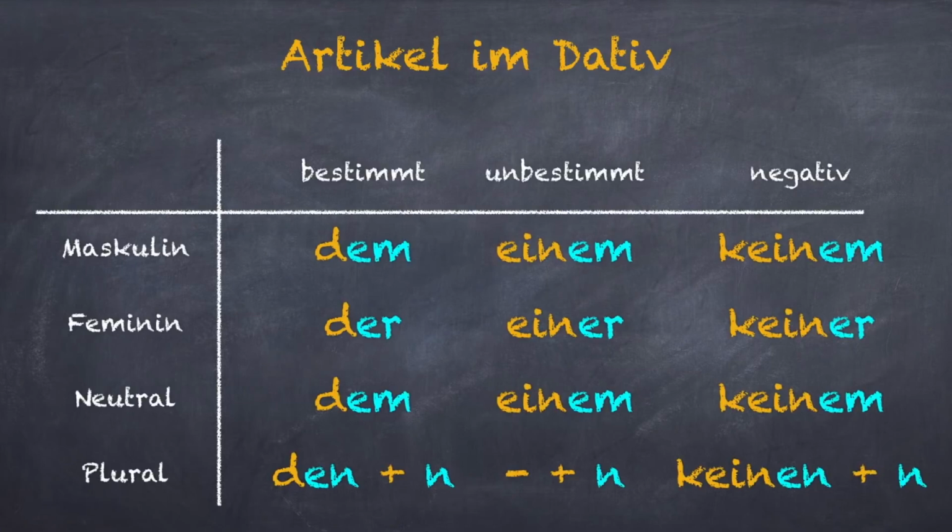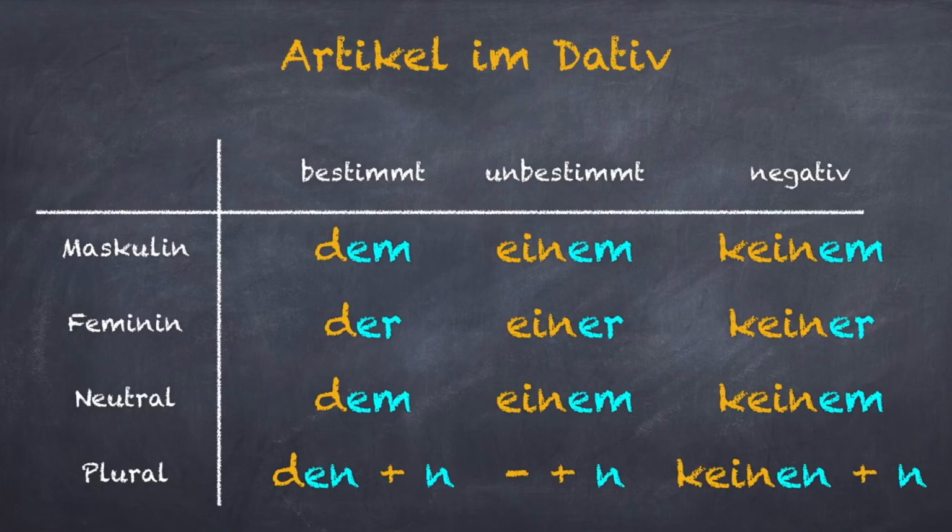Now let's summarize all the articles in dative. For the bestimmt, unbestimmt and negative article in masculine, you should remember that they all end with em, that is dem, einem, keinem. Similarly, the articles in feminine end with an er, that is der, einer and keiner. The neutral article is similar to the masculine article.